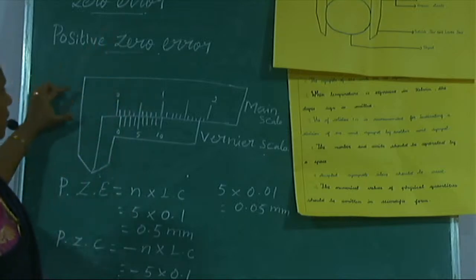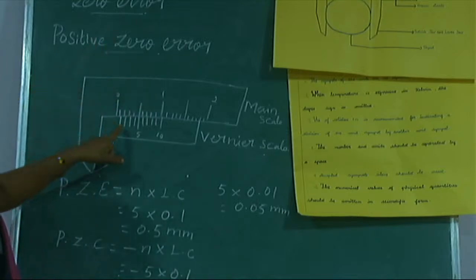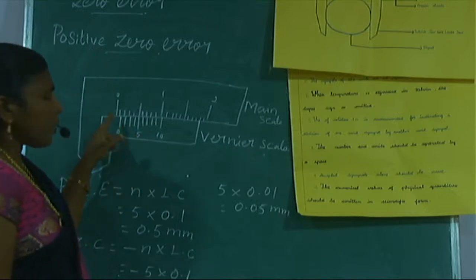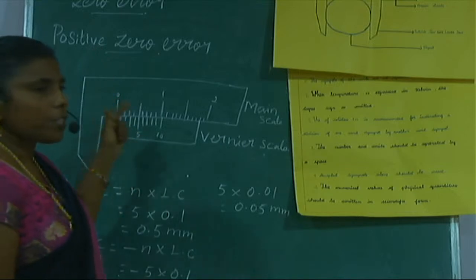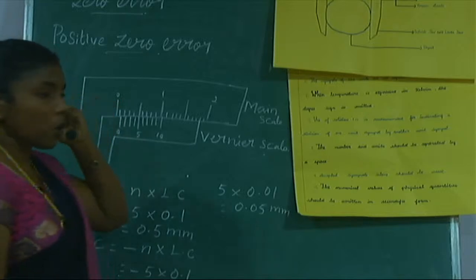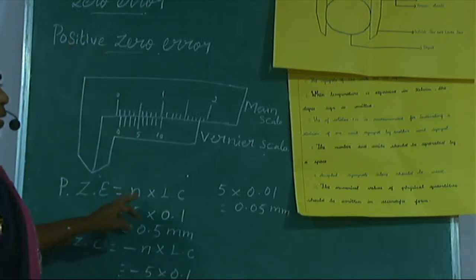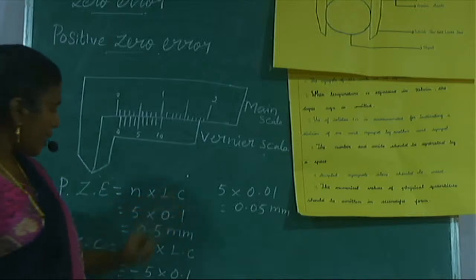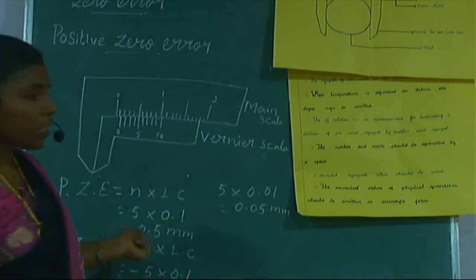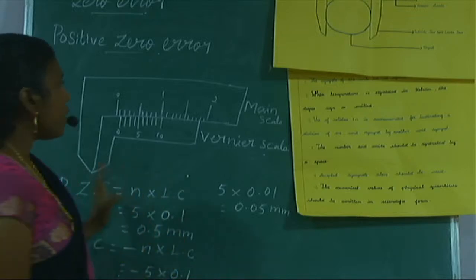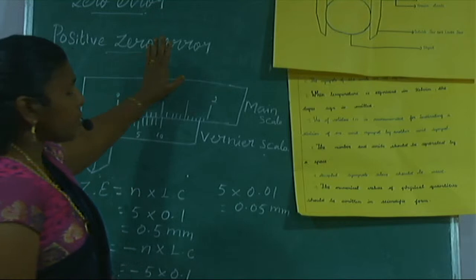Now listen, the 0 of the Vernier scale shifted to the right of the main scale 0 is called positive zero error. The formula for positive zero error is N into LC, and the positive zero correction formula is minus N into LC. Next we will see the negative zero error.